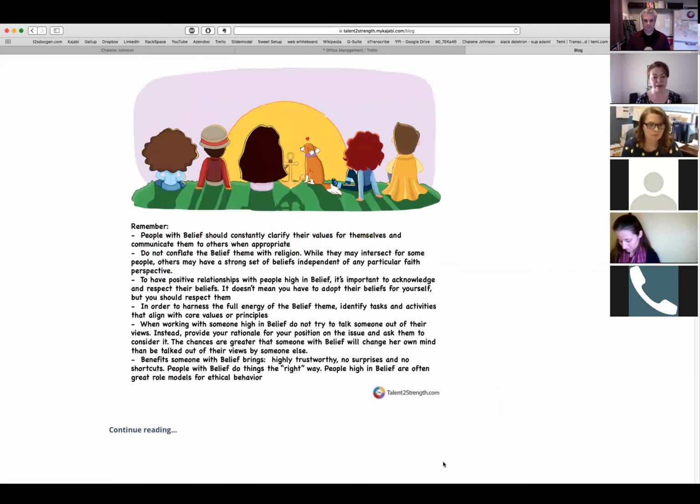That's something you can communicate to other people: ask them what they believe and why they believe it. As long as someone understands with Belief that they're not trying to change, and no one should try to change someone's core belief anyway, but especially with someone with Belief, obviously it's not going to work. So just to maybe redirect that conversation if you find that is a rut with someone you're working with. Belief, any questions about that?